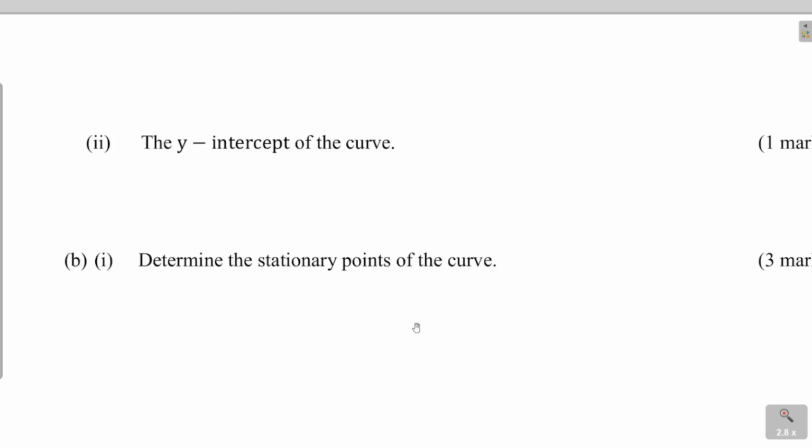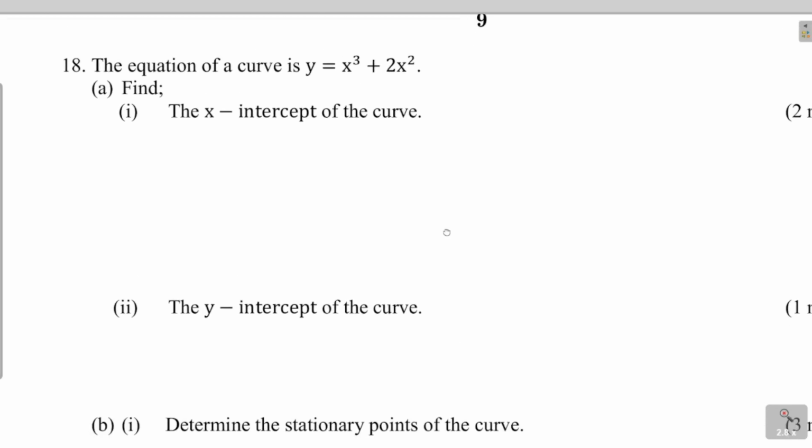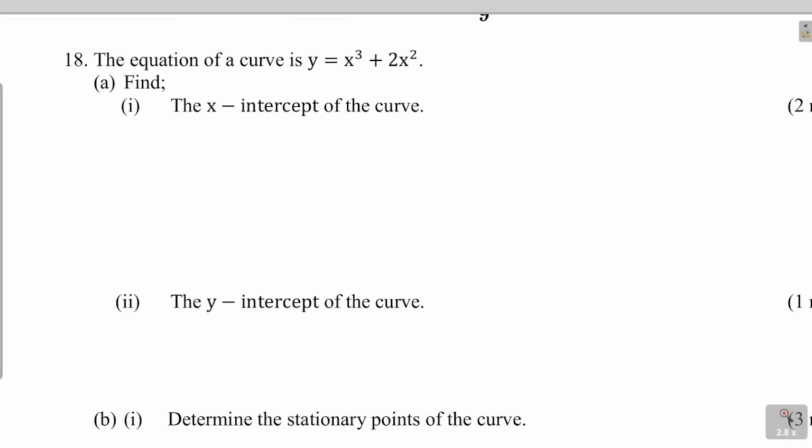So let's go to the first part. You're supposed to find the x-intercept of the curve. The equation of the curve is given there. What you're supposed to know is that at the x-intercept, the y coordinate is equal to 0.